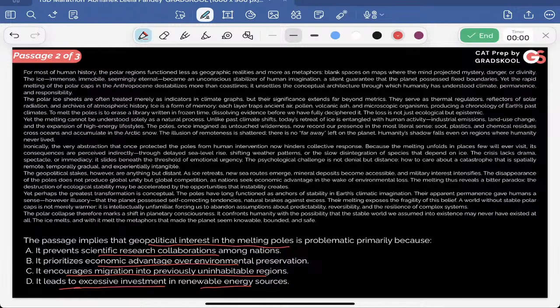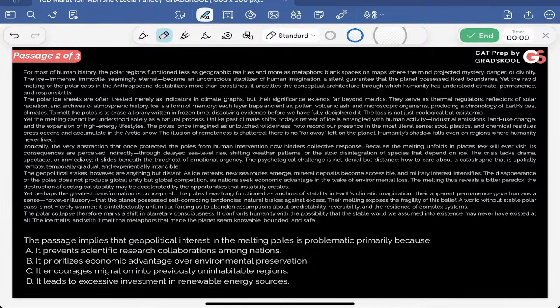The passage implies that geopolitical interest in the melting poles is problematic primarily because what? It prevents scientific research collaborations among nations. The passage doesn't imply that. It prioritizes economic advantage over environmental preservation. In the second last paragraph, it's mentioned.